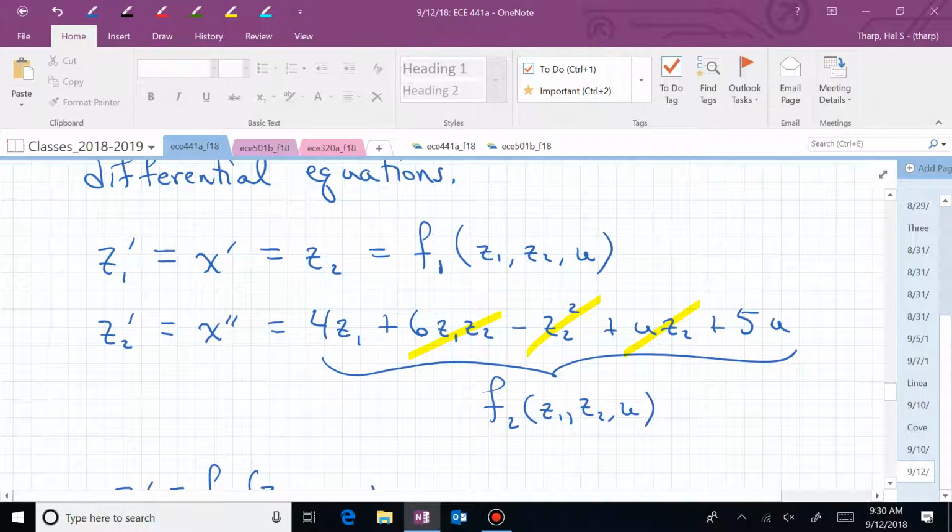F1 forced Z2 of 0 to be 0. Then, if Z2 sub 0 is 0, we've already eliminated 3 of the terms. Now we just need those last 2 to combine in such a way to give us 0. A trivial way to do that is make Z1 0 and then U is 0. So now everything is 0 that we're linearizing about in this nonlinear equation.